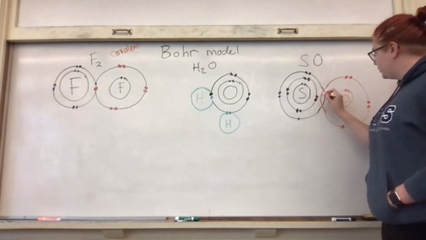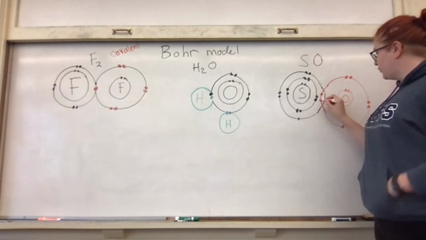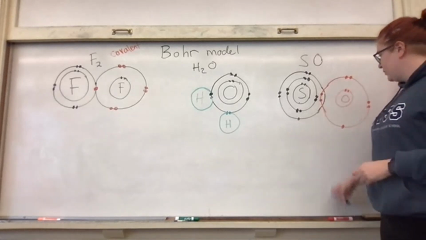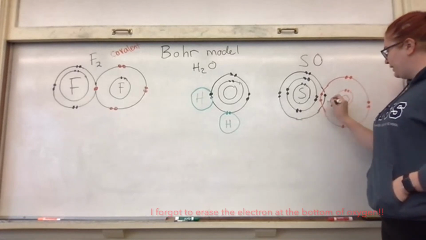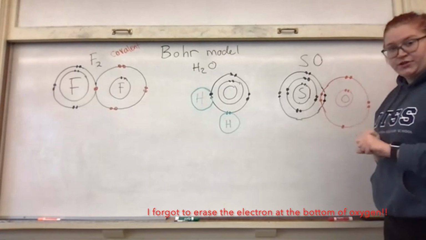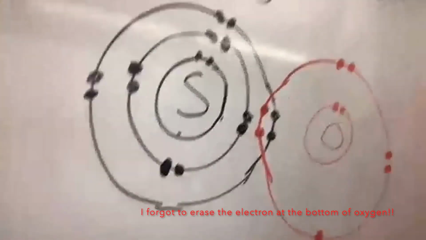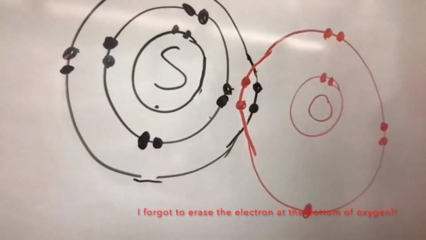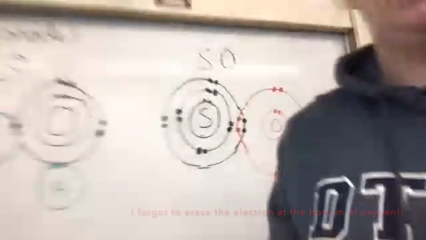So we do 1 from oxygen, 2 from oxygen, 1 from the sulfur that was there, and this one will also move up here. So I'm going to move this closer so you can see better. You show your shells, the outside shells overlapping. Okay. All right.